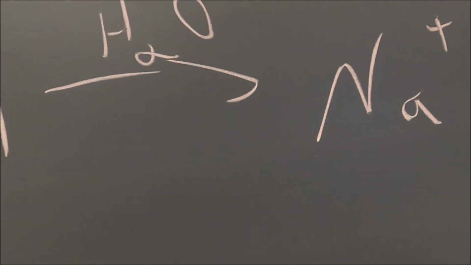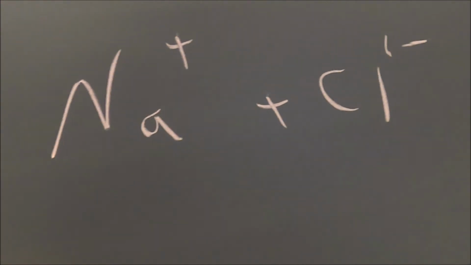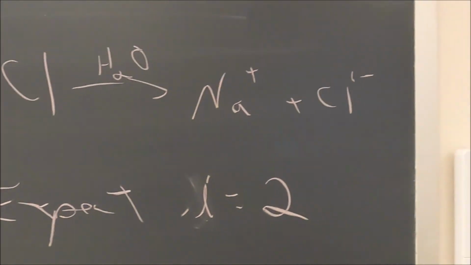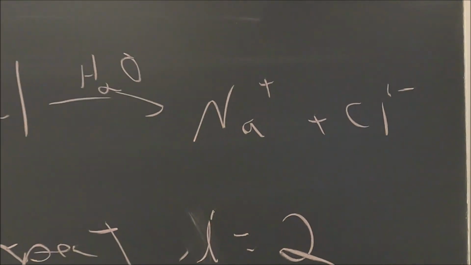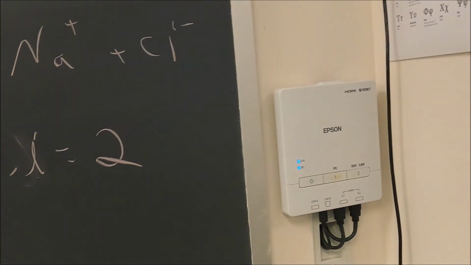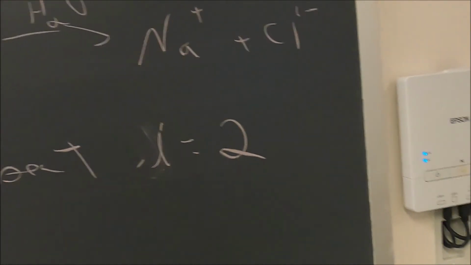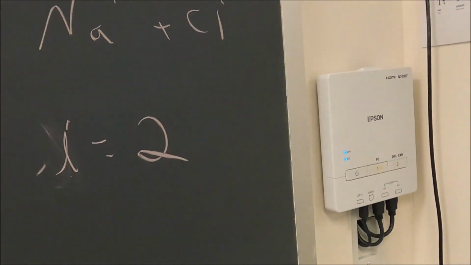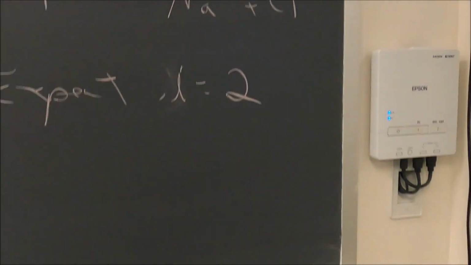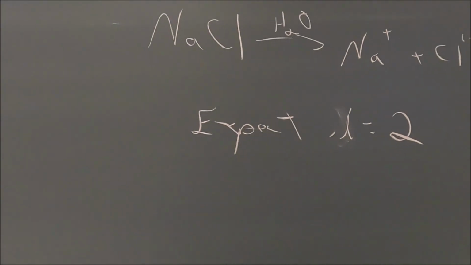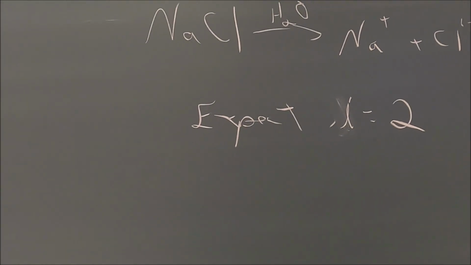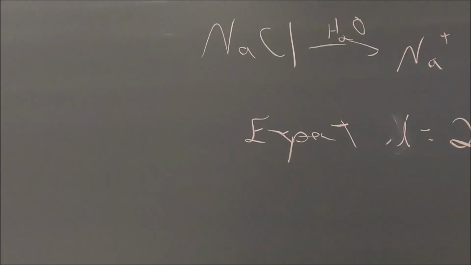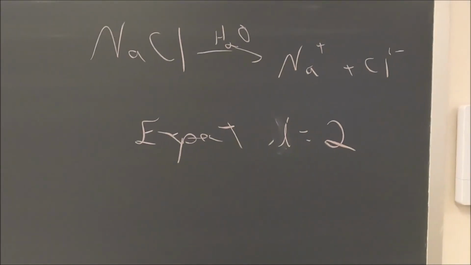So I would expect I here to equal 2 because there are 2 ions. Okay? Now you would expect in aluminum nitrate for I to be 4. In the real world, though, remember that things don't always work the way we expect them to. Some of the ions, a few of them can clump together after they've been dissolved. You may get an I value that's less than 4. That's okay. Take your I value to 3 significant figures.